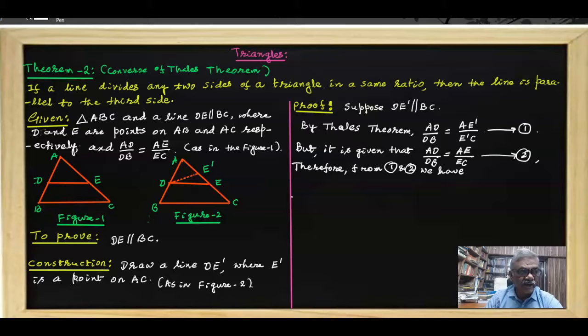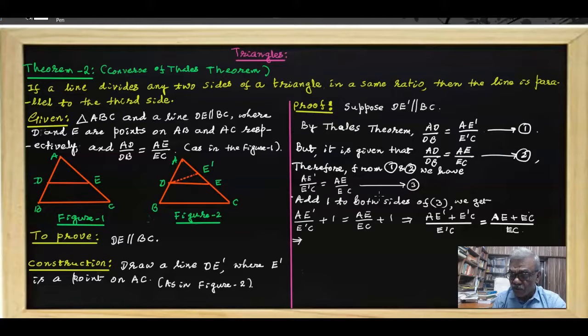Therefore, from 1 and 2, we have AE dash by E dash C equals AE by EC. Call this the third equation.